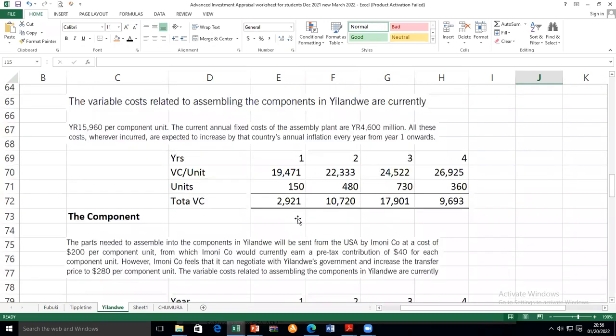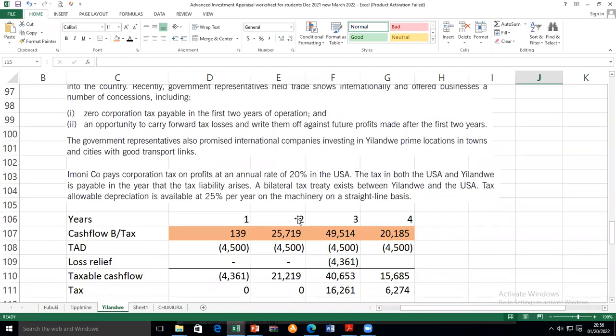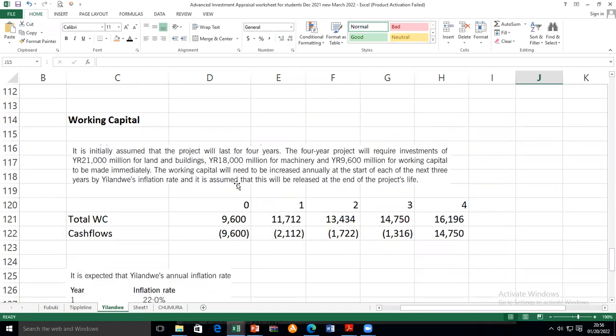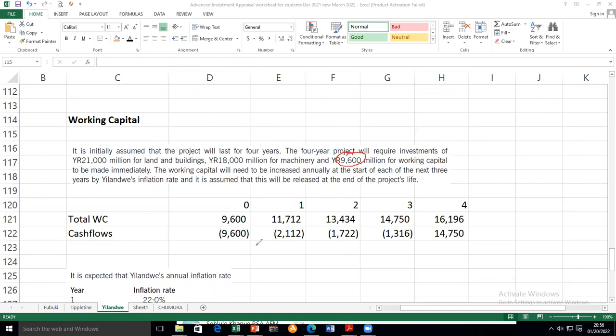We are told something about working capital. They say it was how much? Working capital needed immediately is 9.6, before we can start trading at the beginning of year 1, which is year 0. So this is enough to support operations in the first year here.